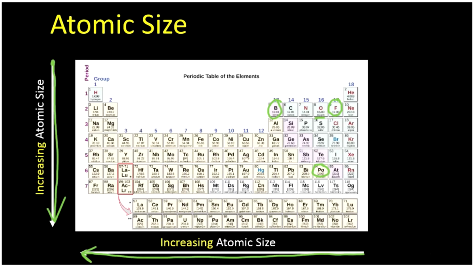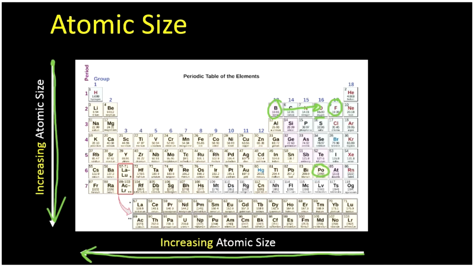At the same time, our electrons aren't getting any farther away because as we move left to right on a given row, we're just adding more electrons into the same orbital. And so those get sucked closer and closer. So if you don't understand the explanation, that's okay, but make sure you know that atomic size increases as we go down the periodic table and as we go right to left.